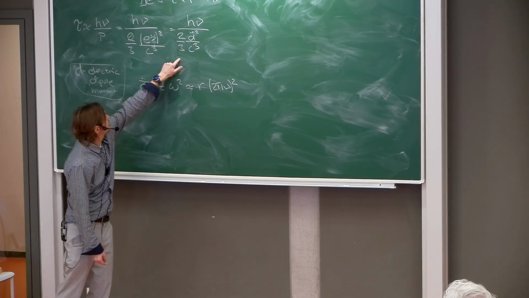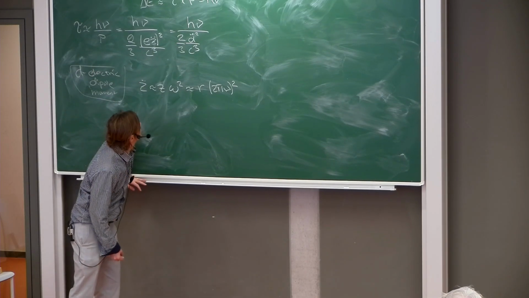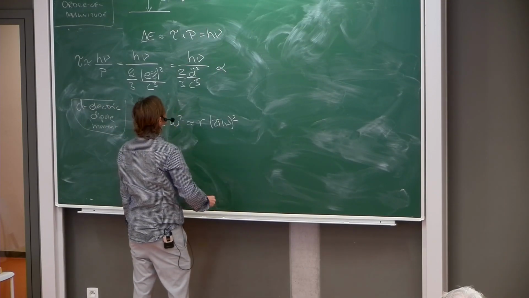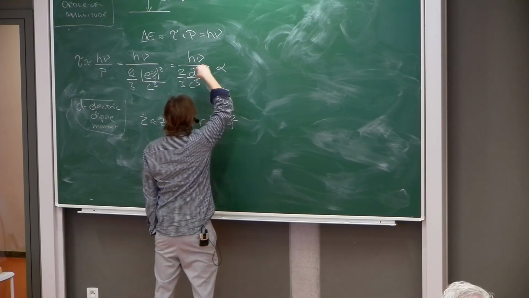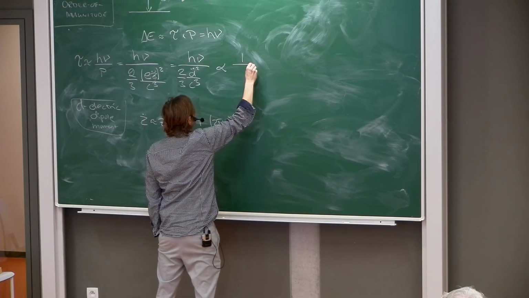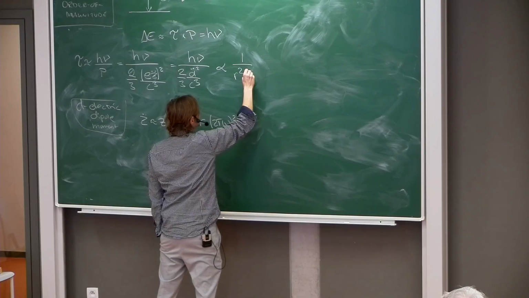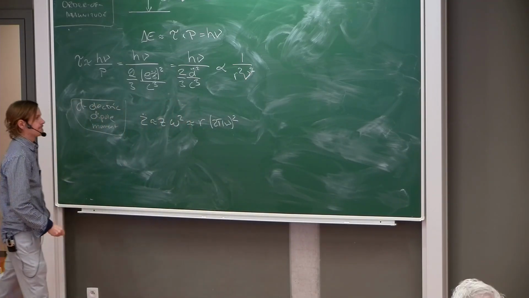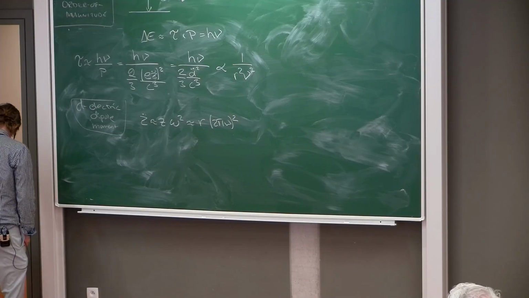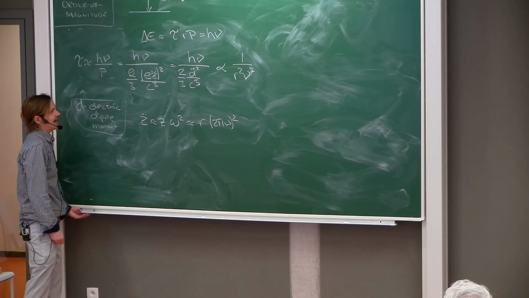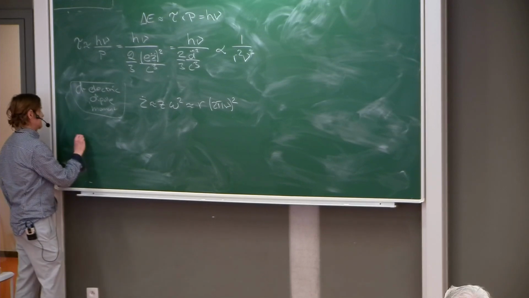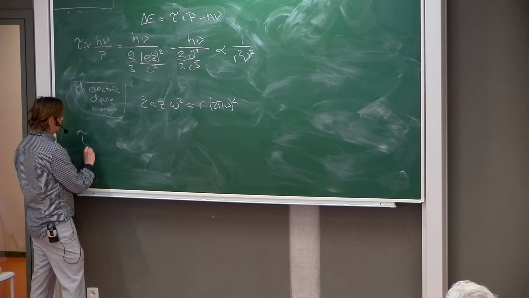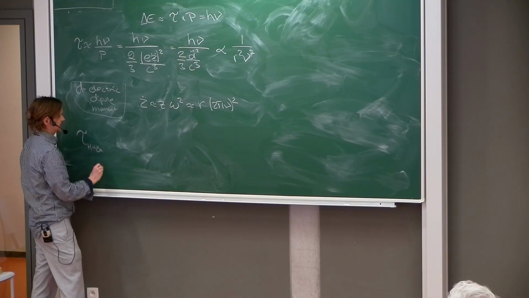If we plug this in here, you see that the typical lifetime scales as, well, we have some constants here, and then we have 1 over R squared nu cubed. Now you can plug in the values yourself for tau, hydrogen, Lyman alpha. Our standard.